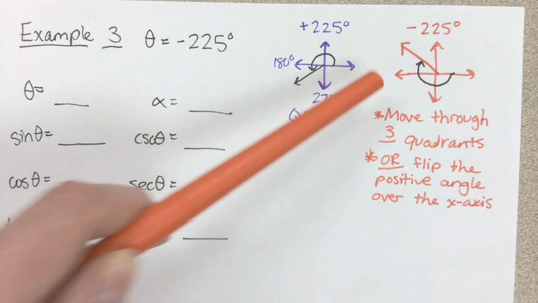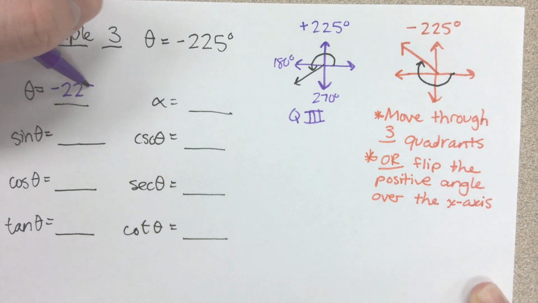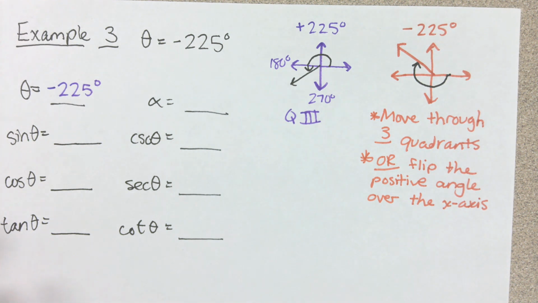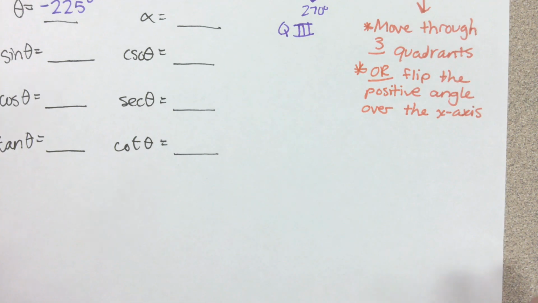So now that we know what the graph is supposed to look like, that's going to make graphing it a bit easier. Theta we can already fill in, we know is negative 225 degrees. And let's graph.